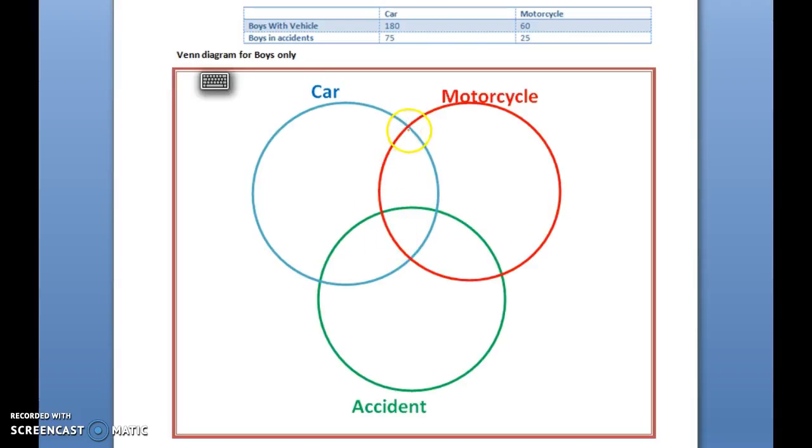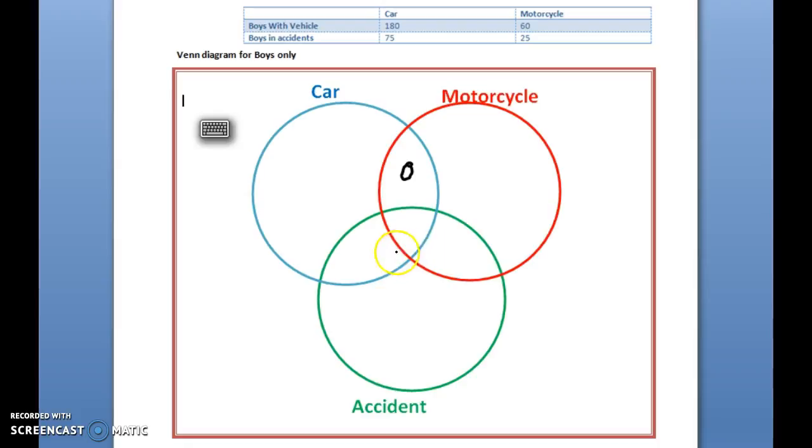This section right here, the intersection of just car and motorcycle, represents the number of students that have both a car and a motorcycle. And since we know that no student has both a car and a motorcycle, the number that goes here will be 0.